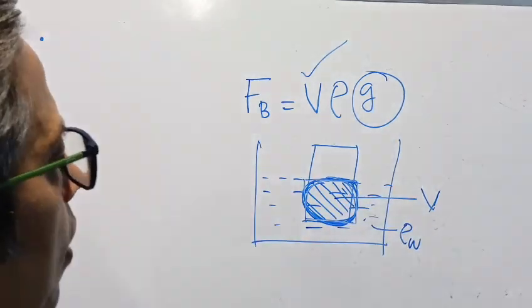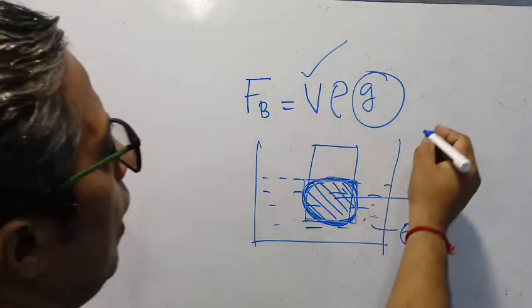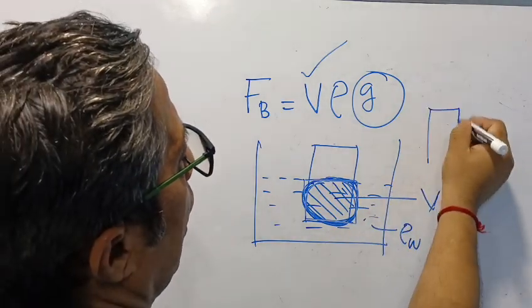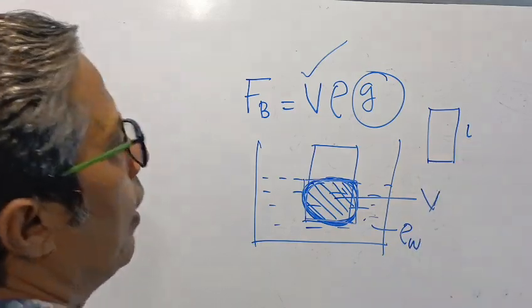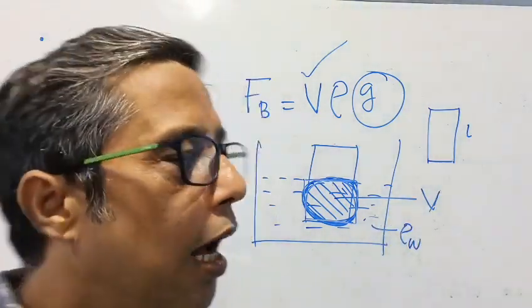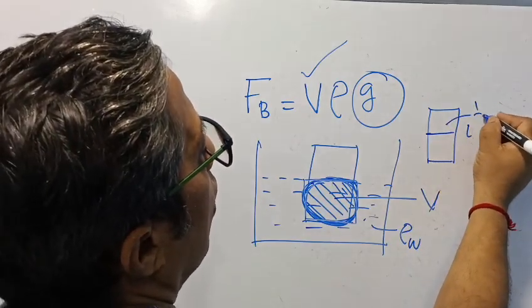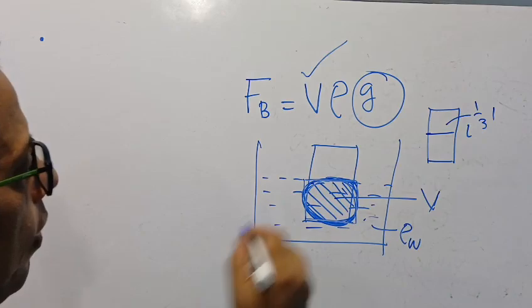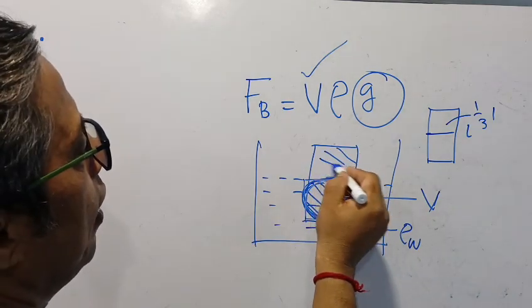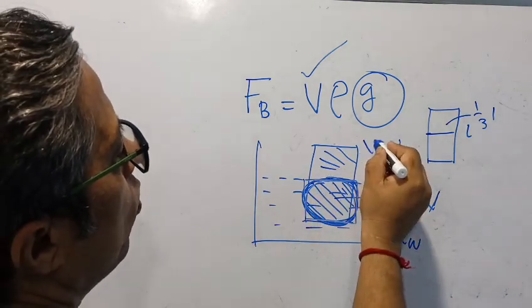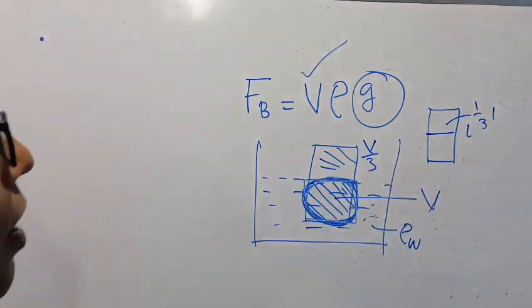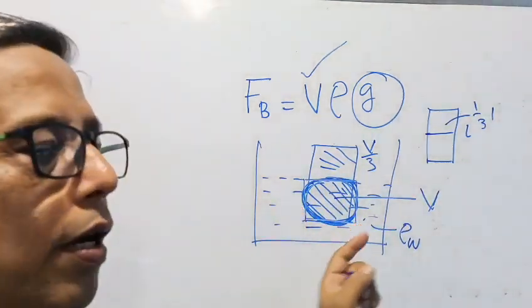Now if you get a question like, let's say a cube having length L, and 1/3 of the cube is out of the water. So here, if the total volume is V, then V by 3 is outside the water, so 2 by 3 V will be inside the water.